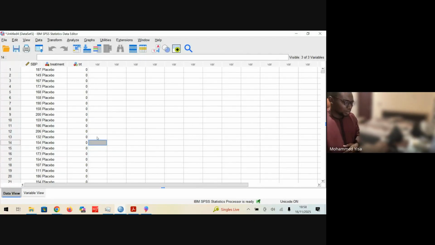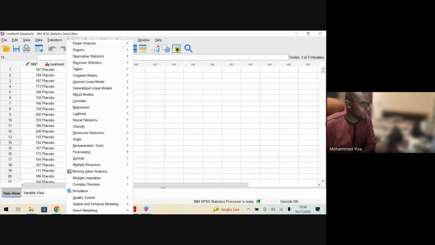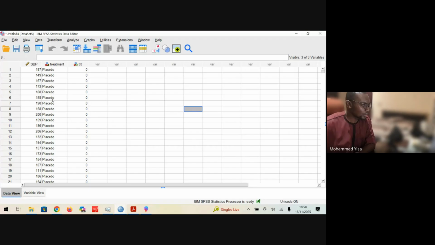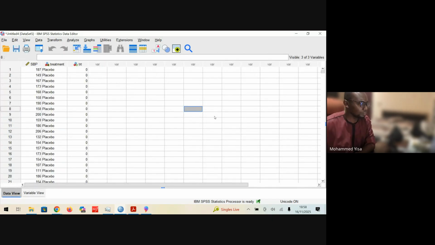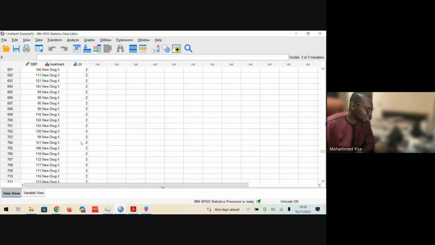Okay. So now we are checking between this treatment variable. We are checking between 0, 1, and 2, right? Let me see. It has 0, 1, and 2. 0 is placebo, 1 is drug Y, 2 is drug X. So this is like a proxy that the person who designed this data set did.